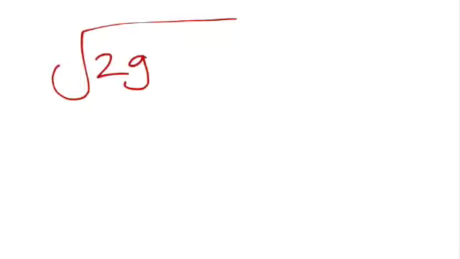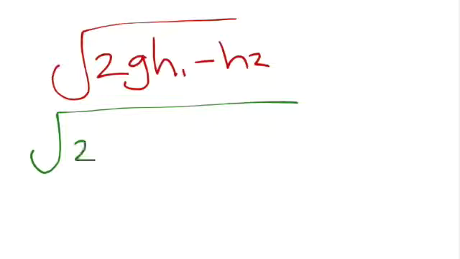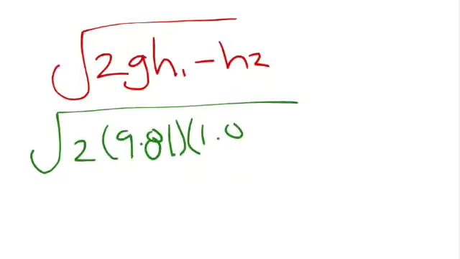So the formula we will be using is the square root of 2g times h1 minus h2. So 9.81, and then the heights, the height is 1.81 minus 1.2.